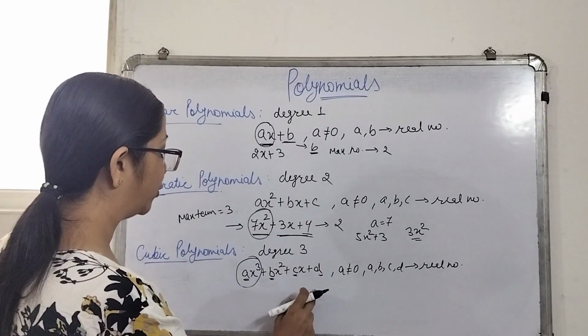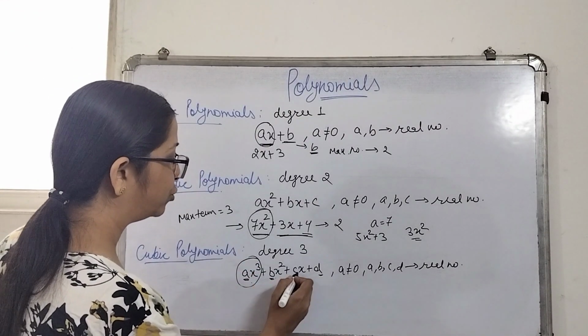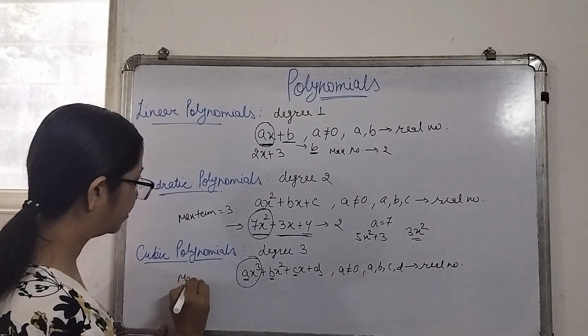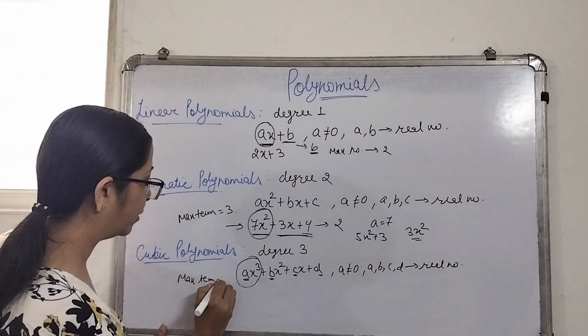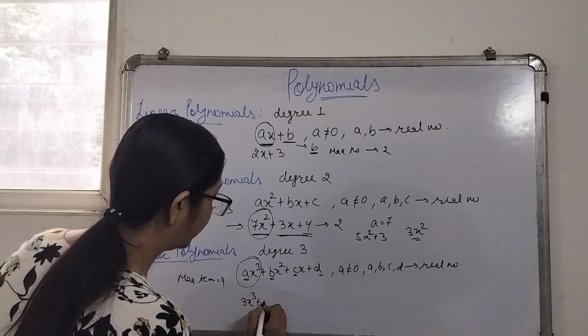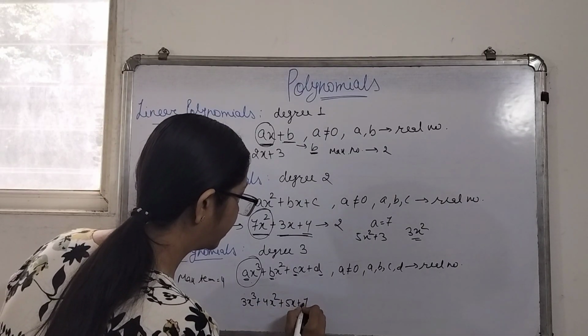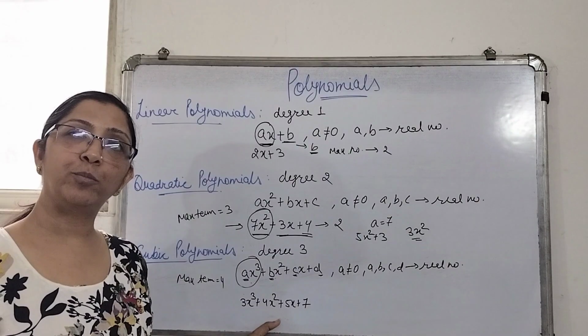For this, if we look at the number of terms, the maximum number of terms could be 1, 2, 3, 4. Maximum number of terms could be 4. For example, we can take 3x cube plus 4x square plus 5x plus 7. This is an example of a cubic polynomial.